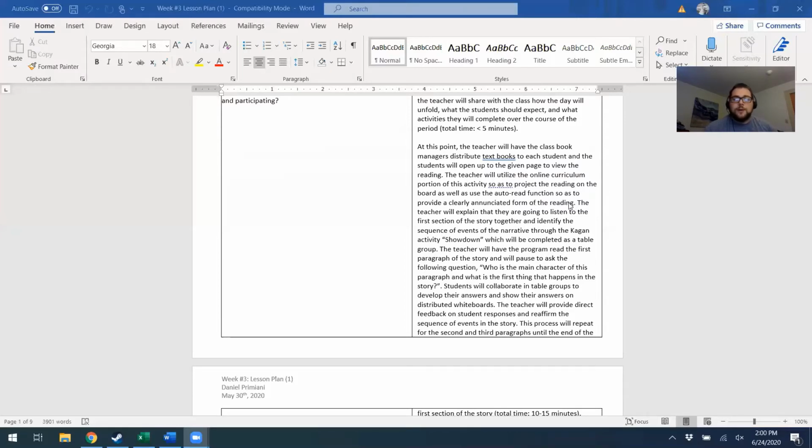In years past, I've dabbled with having students popcorn read, round robin read, or read in small groups. For this particular activity, it's best to model the initial reading with the computer reading it clearly at a steady pace.